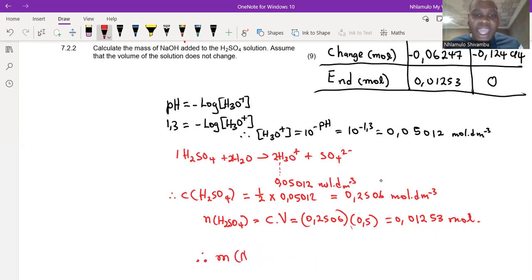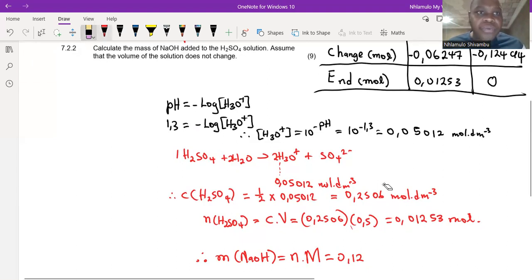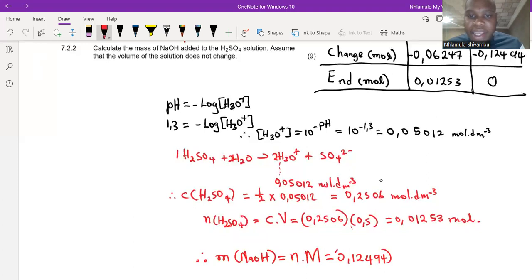The mass of NaOH added will be given by number of moles times the molar mass. So the number of moles is 0.12494. We multiply it by the molar mass of sodium hydroxide.